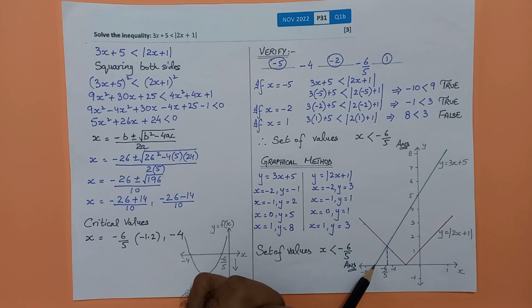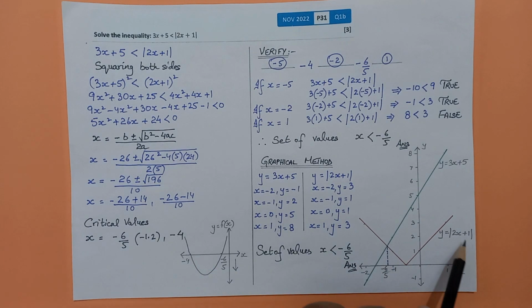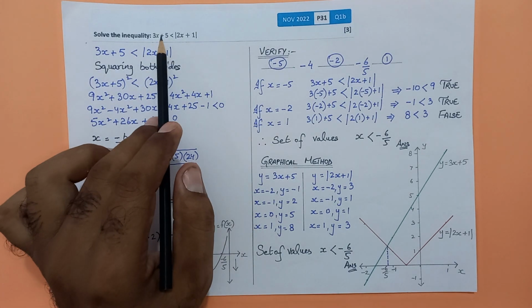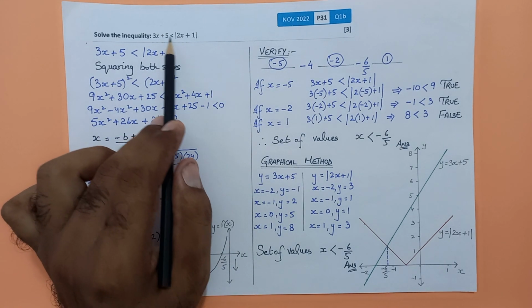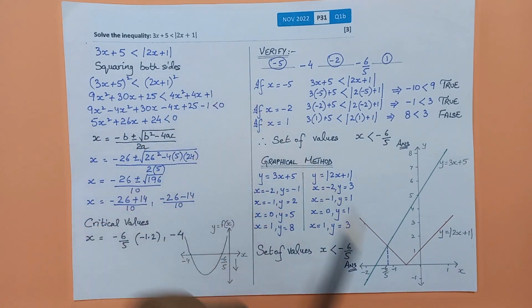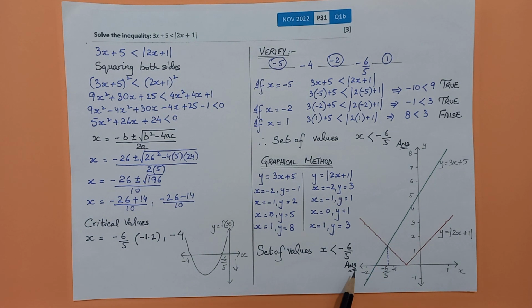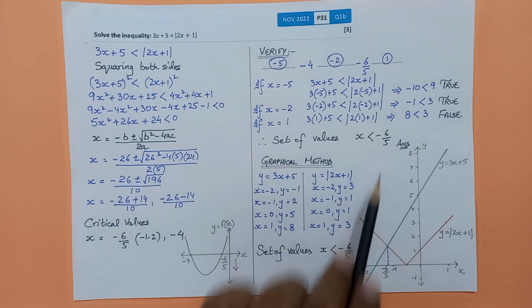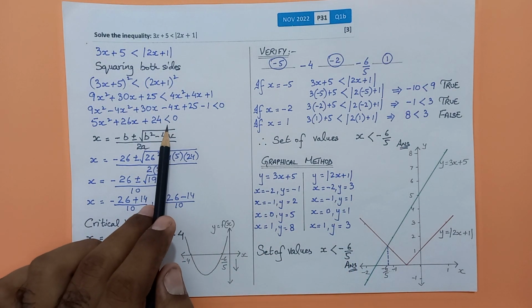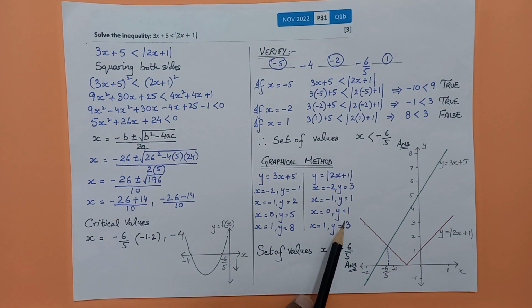That means this 3x plus 5 is less than modulus 2x plus 1, and definitely the question is the same, 3x plus 5 is less than this one. So finally the set of values, by looking at this graph and observing it, we can say that the set of values are x is less than minus 6 upon 5, which holds true whether we go for the algebraic method or the graphical method.